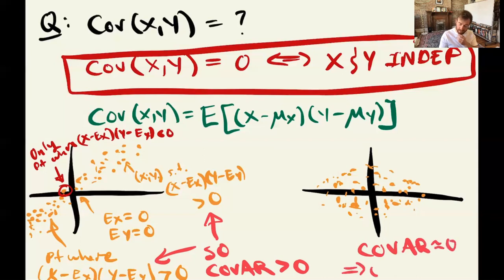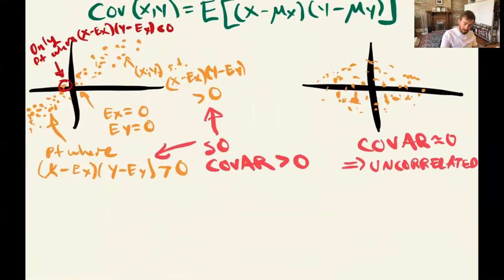So this implies it's uncorrelated data. But anyhow, let's go ahead and figure out how to compute this covariance.